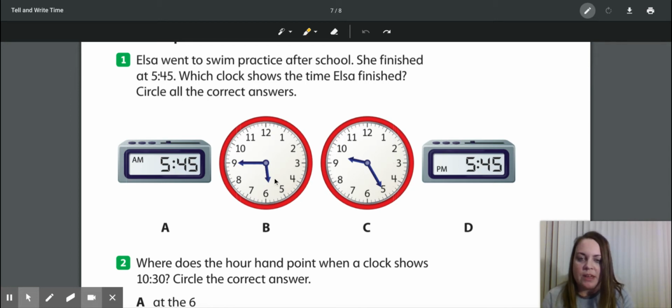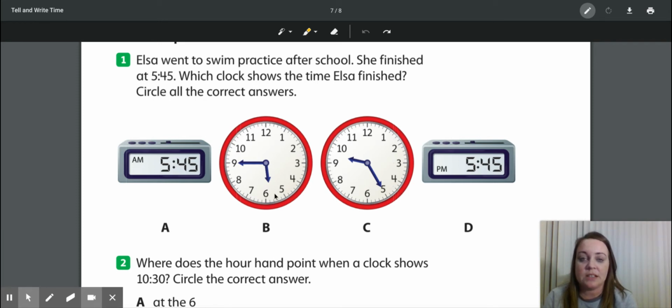Look at the small hand right here. The small hand here is between the 5 and the 6. Remember from my last videos, to tell the hour, you go back to the one it just passed, or you go back to the smaller number, which in this case is 5.